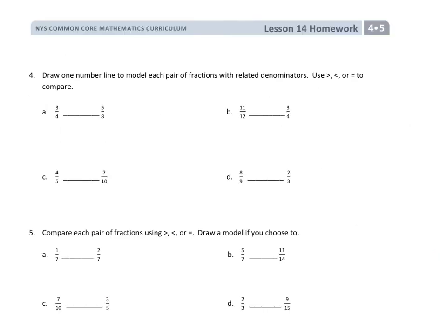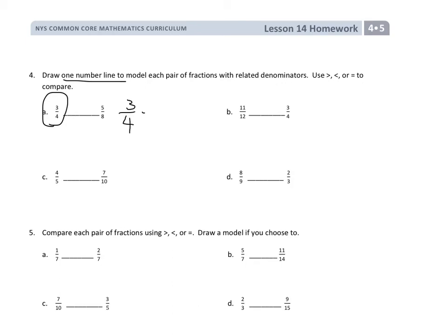All right, and then on the back of the sheet, drawing a number line to compare the fractions. Students can either use a separate sheet of paper or choose to do it right here. It's going to get a little crowded, though, on one number line. So if comparing 3/4 to 8ths, your student can draw a number line or just create an equivalent fraction.